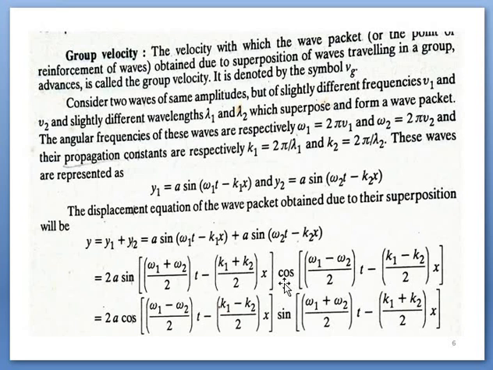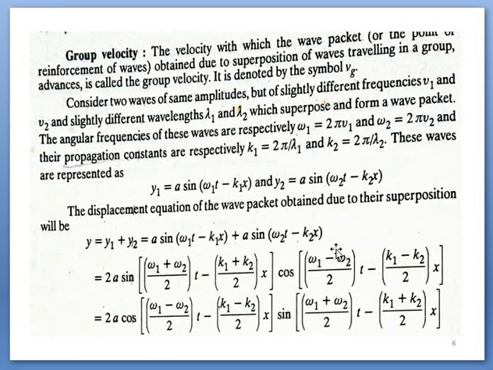As a factor, cos((A minus B) by 2) is taken here. A means this one, B means this one. A minus B means (omega 1 minus omega 2) by 2, t kept outside, minus is taken here, and then k1 and k2 are subtracted.